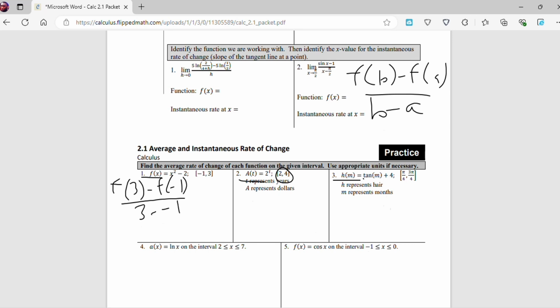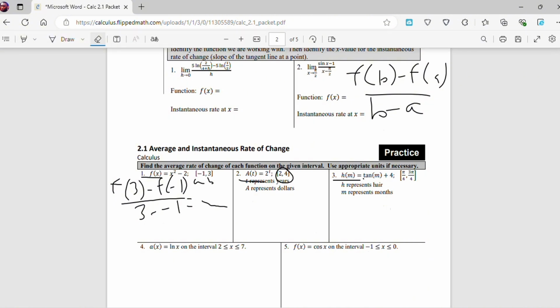We plug in our a and our b, so f of b, f of 3, minus f of a, negative 1, over 3 minus negative 1. Whoops, that is a very crooked line. I apologize.